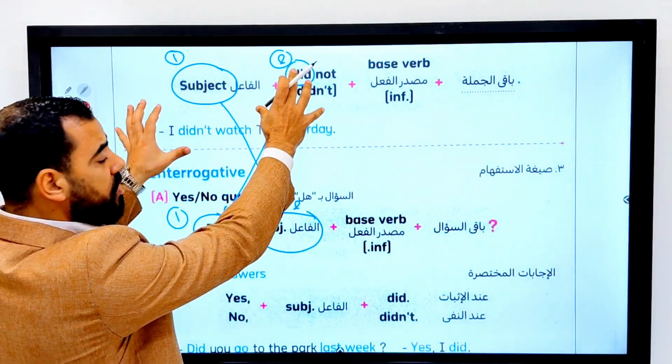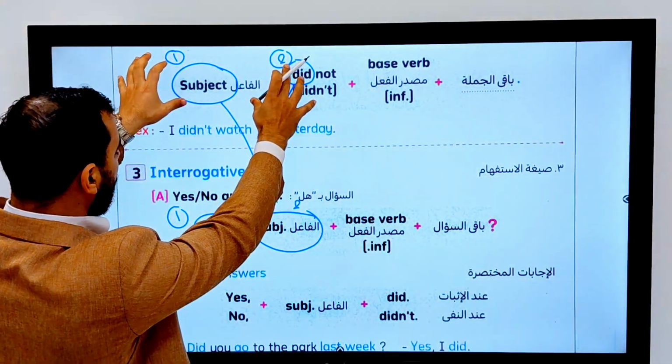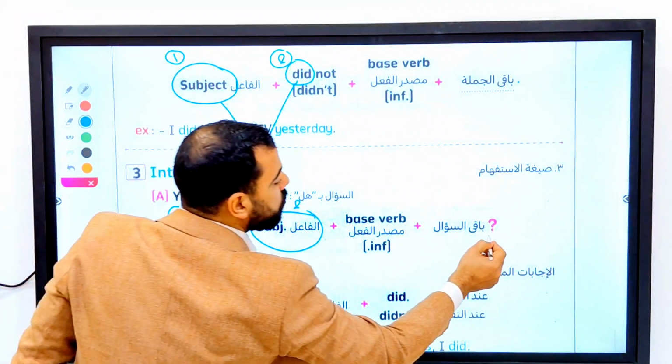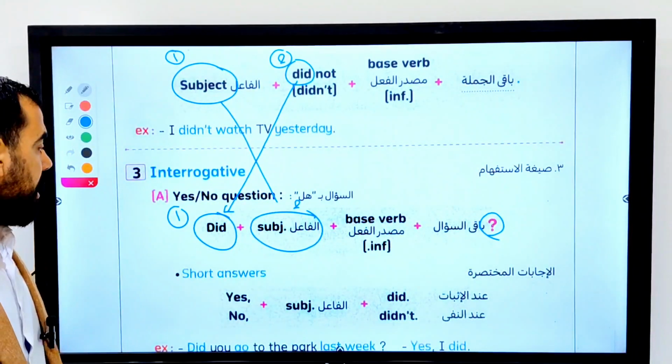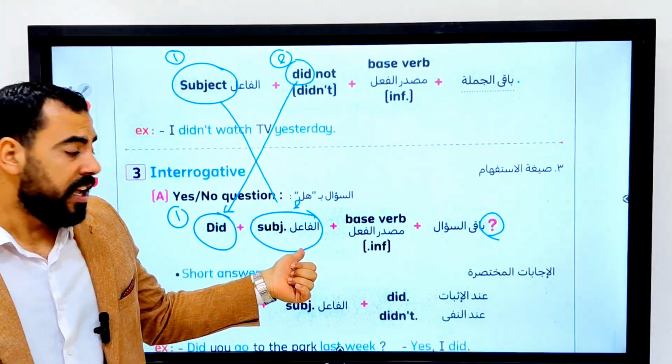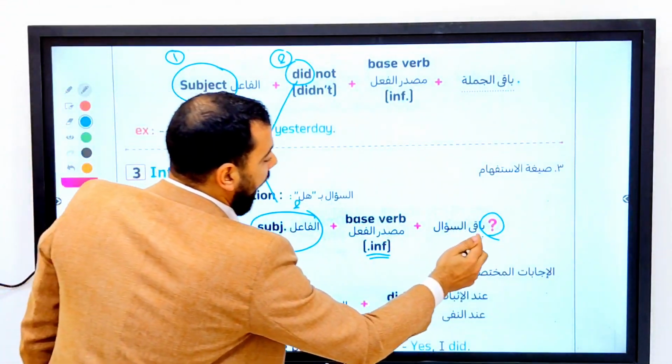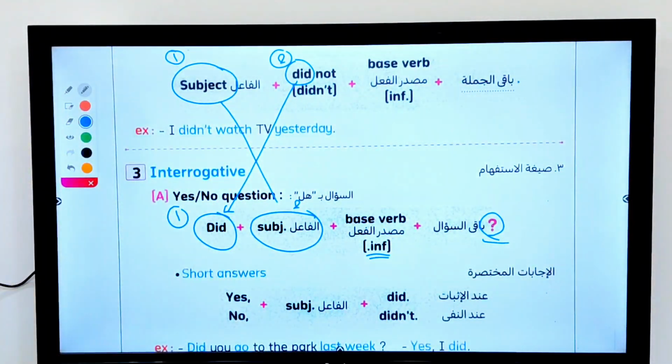So when we switch the position of the helping verb did and the subject, we change the sentence to be a question. So did, subject, and after did we use the infinitive, don't forget that. And a question mark at the end of the question.